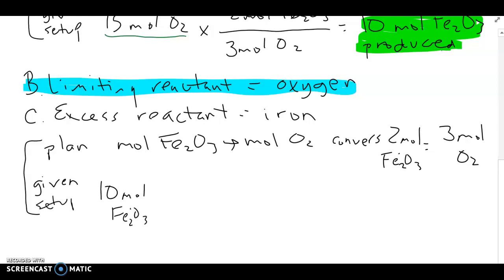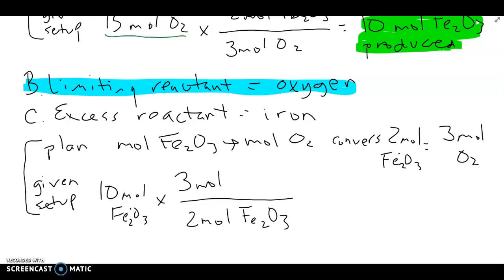My setup is going to be my fraction: 2 moles of Fe2O3 on the bottom, 3 moles of O2 on the top, and therefore I am left... oh no. Uh-oh. Well, that's a shame. Okay, we gotta back up.